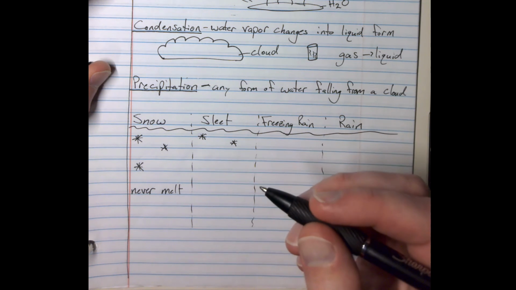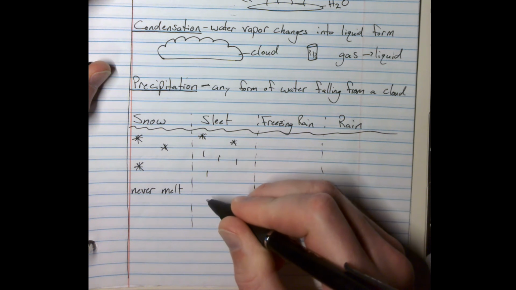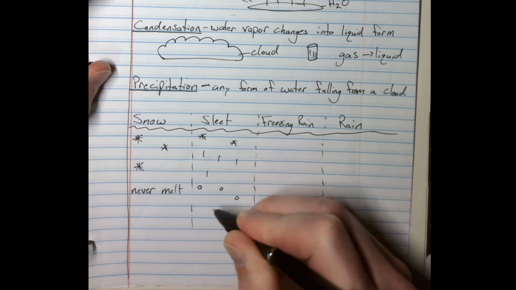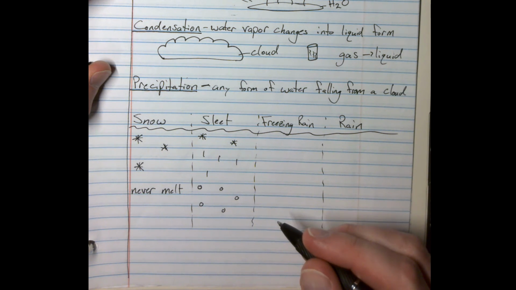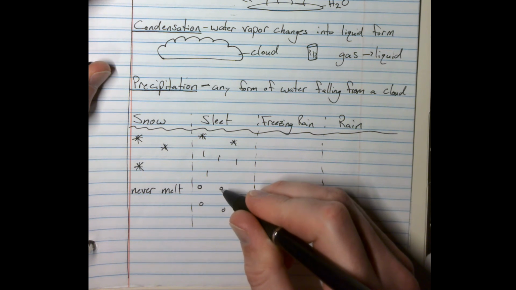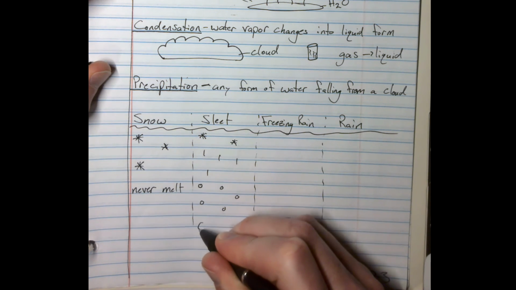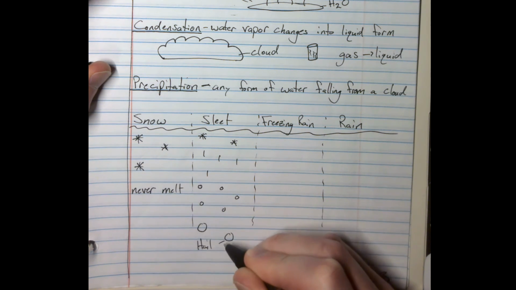So it's going to melt a little bit and then freeze again. And this is where we can get hail. So really small pellets of hail are technically sleet, but as they get bigger, this is where we're going to get some hail.